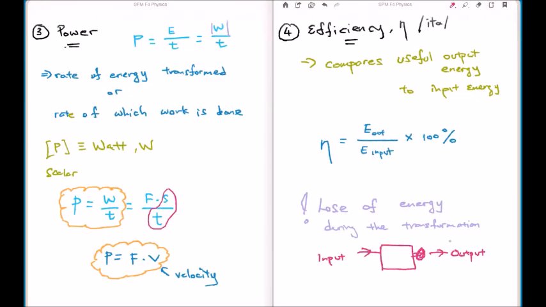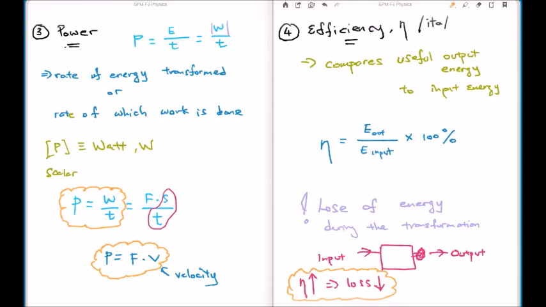Because it's all about energy loss. You want high efficiency so that you have low loss. That's the main purpose, right? If your efficiency is high, your loss is low, then you need to pay less. High efficiency, low loss of energy.